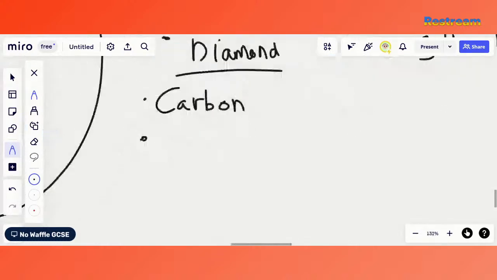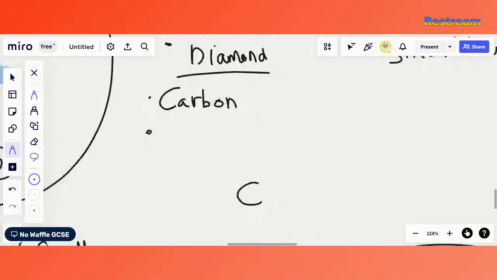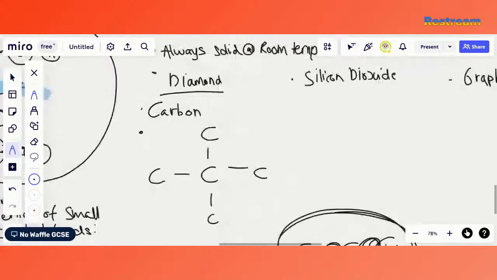So diamond is formed from carbon, and each carbon atom forms 4 covalent bonds with other carbon atoms. So key number here, in diamond we see 4 covalent bonds between the carbon atoms.